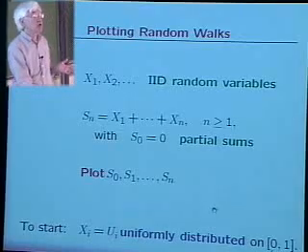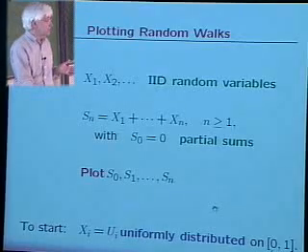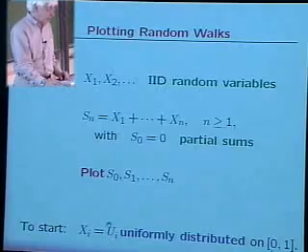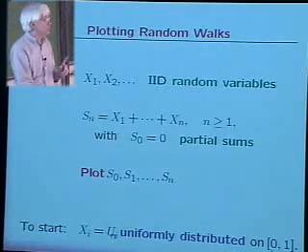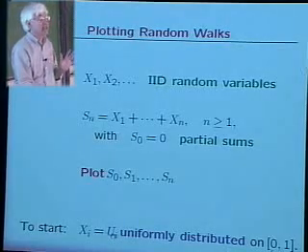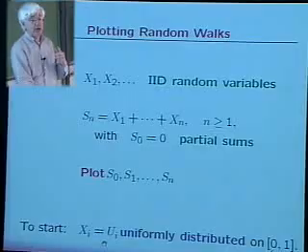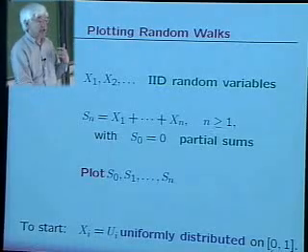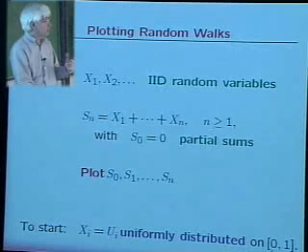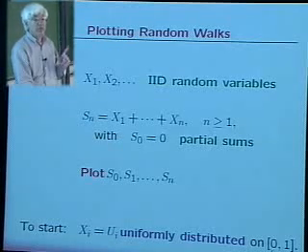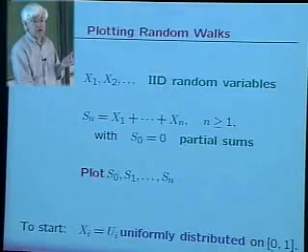Now, there's no real good reason for choosing that. It's just one distribution. The one reason for choosing the uniform is that it's the easiest thing to simulate. When you do a simulation, in anything like MATLAB, you just generate random numbers. The thing it will naturally do will produce numbers uniformly distributed in the unit interval.